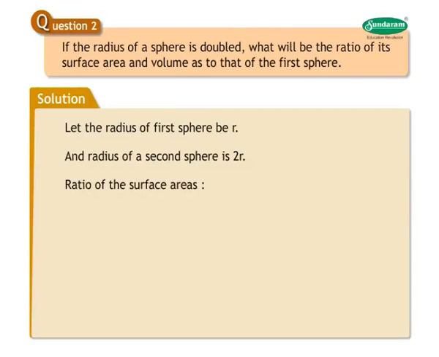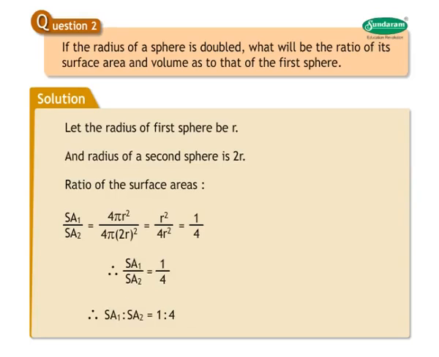Ratio of the surface areas is SA1 upon SA2 is equal to 4 pi r square upon 4 pi in bracket 2r square is equal to r square upon 4r square is equal to 1 upon 4. Therefore, SA1 upon SA2 is equal to 1 by 4. Therefore, ratio of the surface areas is 1:4.